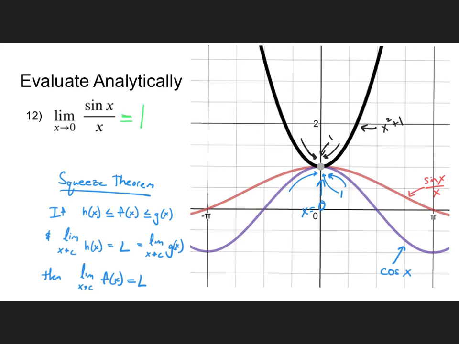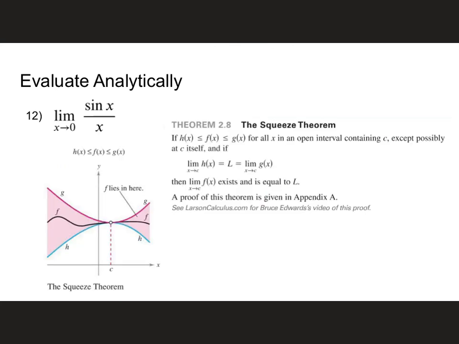So, since the curve that's above it is going towards 1, and the curve below it is going towards 1, then the function in the middle has to obviously be going to 1 as well. This is just one of those rules that will save you a lot of time. And again, here's the squeeze theorem actually written out for you, but I think thinking about the explanation is so much better.